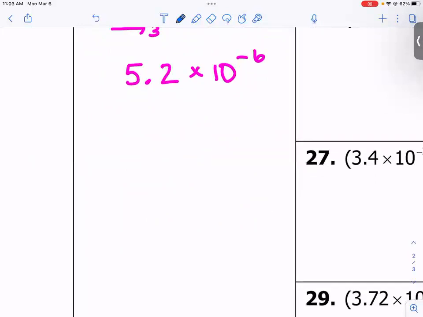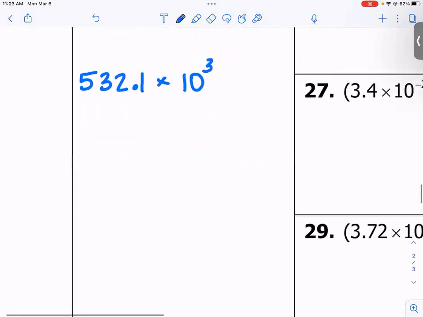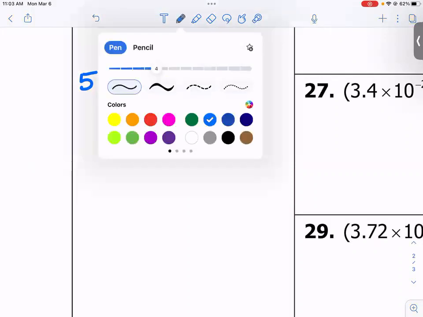How about this one? Is this correctly written in scientific notation? Okay.